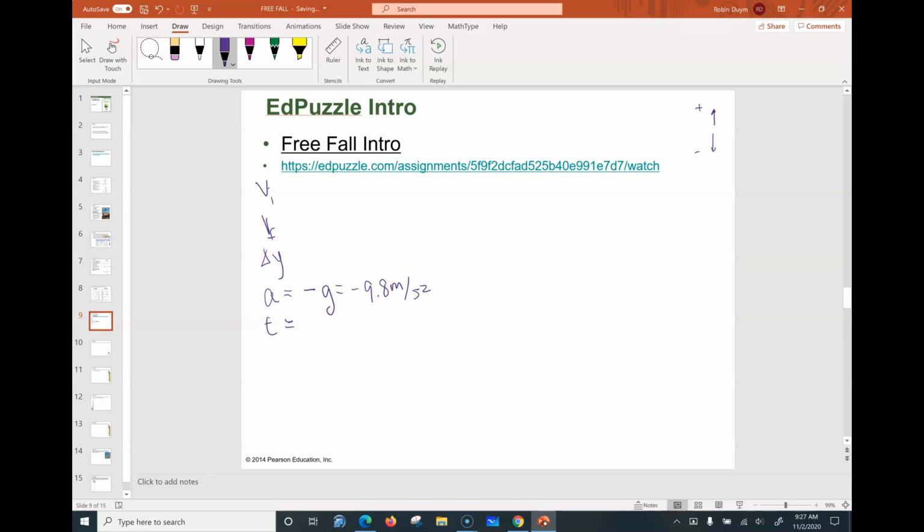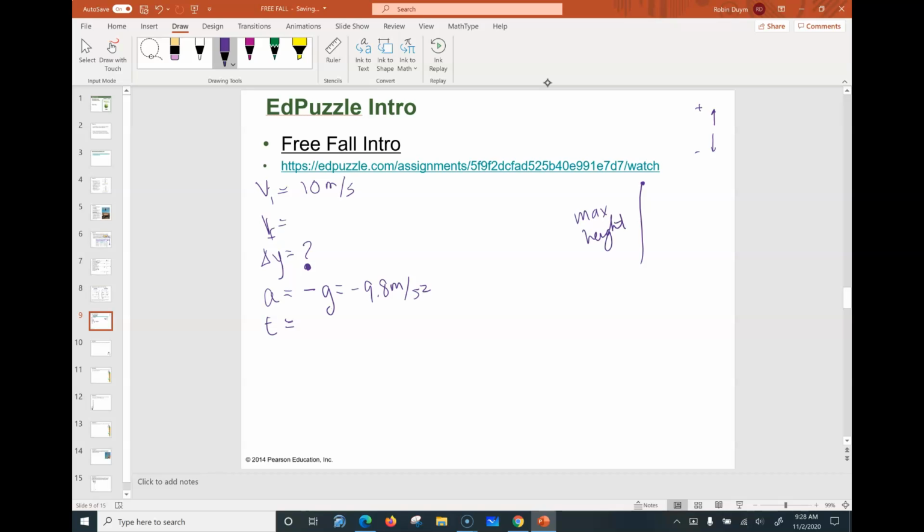And now, let's fill in some other things. He wants to know how high this ball will go if I throw it upward at 10 meters per second. So you might be thinking, I don't have enough information. And right now you don't. So we have to learn a couple of key types of problems. If you throw something up, it's going to reach a max height.